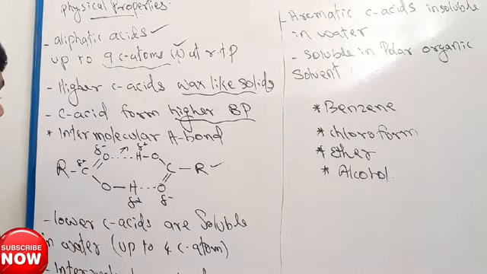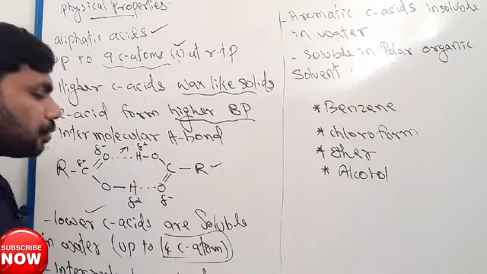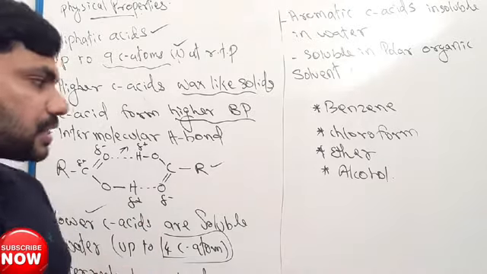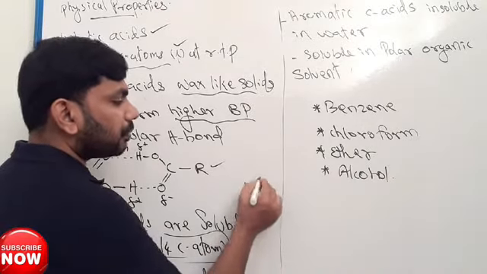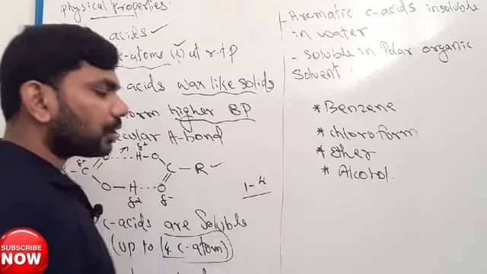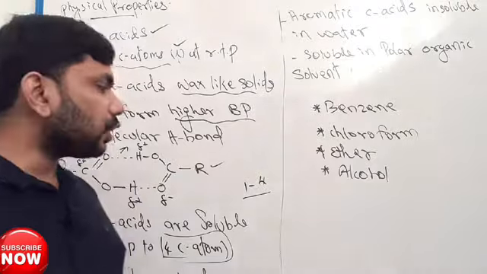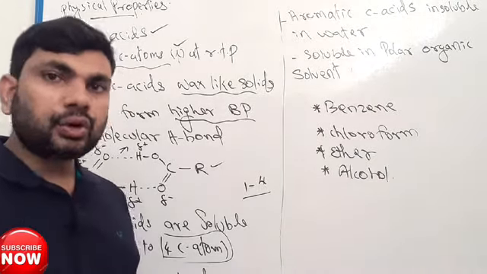Lower carboxylic acid means carboxylic acid with 1 to 4 carbon atoms: methanoic acid, ethanoic acid, propanoic acid, butanoic acid.